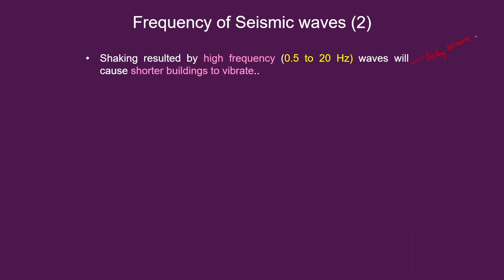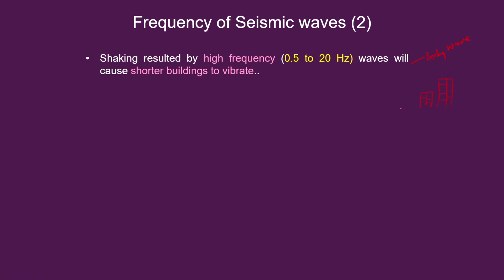Okay. So, you are having the body wave frequency. Now, this will vibrate your shorter buildings, because this is high frequency. And why we are interested is because we have seen that people are more keen on having taller buildings, going up to 20 floors, 25 floors. Those are taller buildings we can classify.